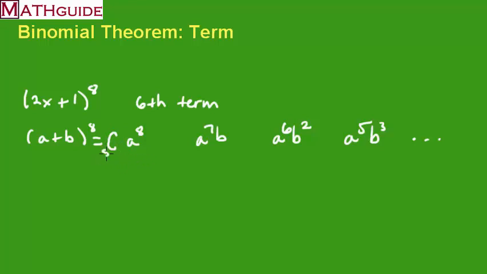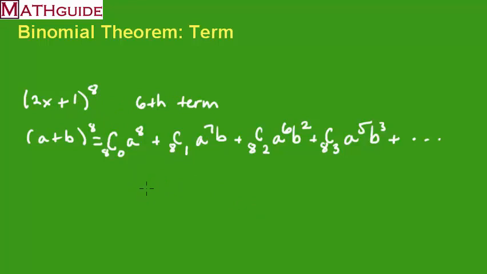So we're going to put 8 choose 0, 8 choose 1, 8 choose 2, and so on, 8 choose 3. There would be plus signs in between, because these are terms of a really large, complicated polynomial. All right, well, let's find some patterns so we can use them to figure out the answer to this 2x plus 1 problem.